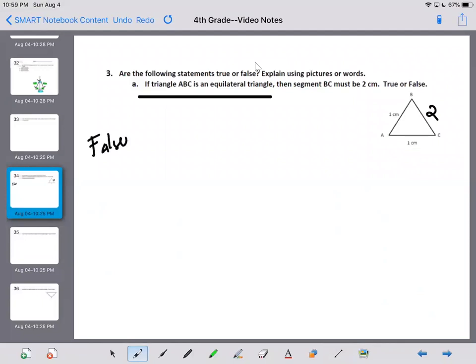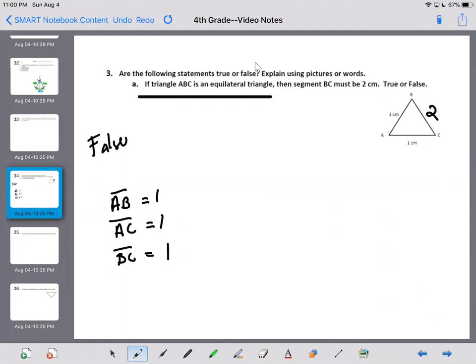Well, if triangle ABC is equilateral, what does that tell you about all the sides? That all the sides should be the same. They should have the same length. So that means that if segment AB and AC are equal to 1, then what should segment BC equal? Well, it should also be 1.